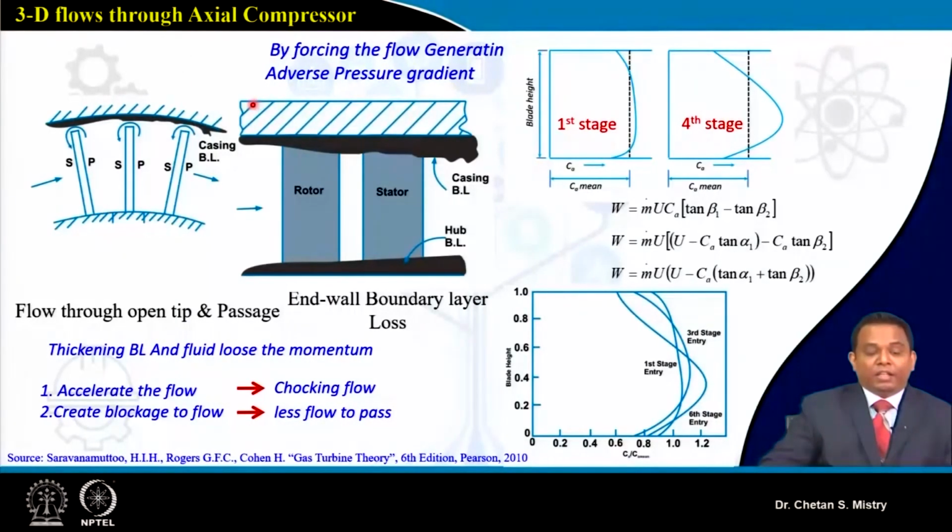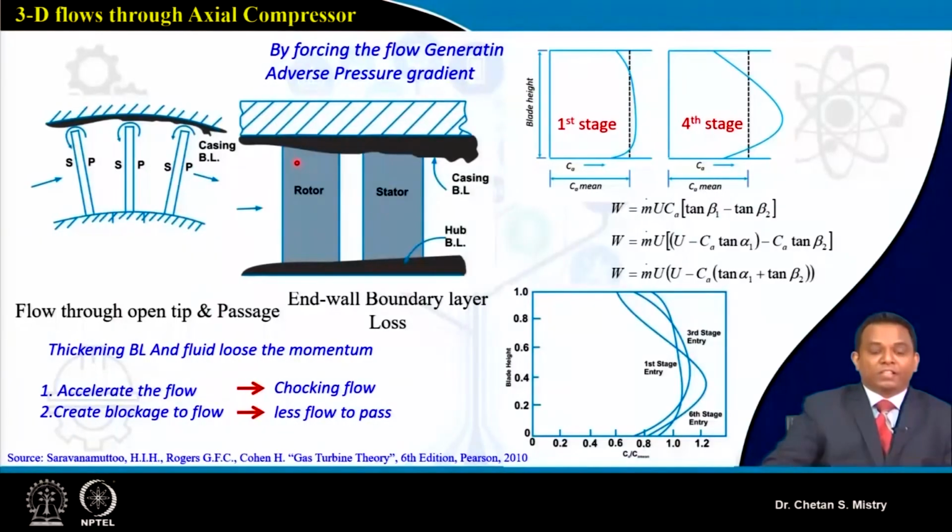Say this is the casing, and here we have our hub. When we have our rotor and stator combination, we know it is working under adverse pressure gradient.